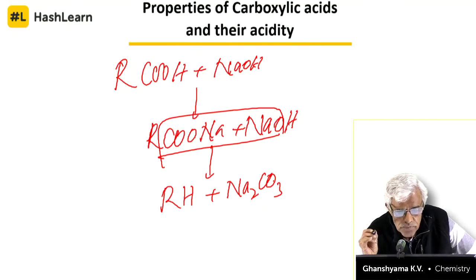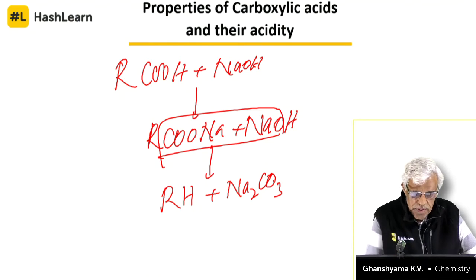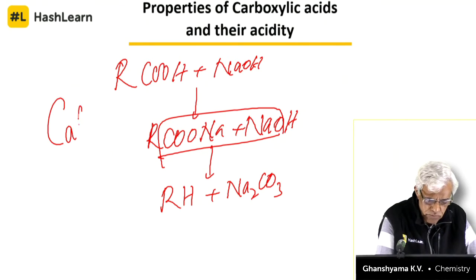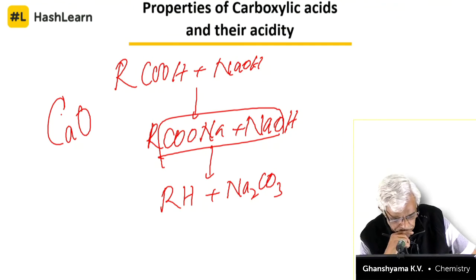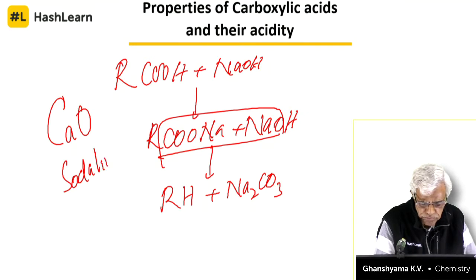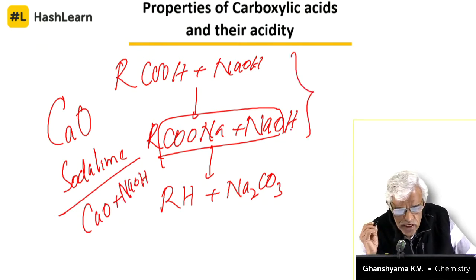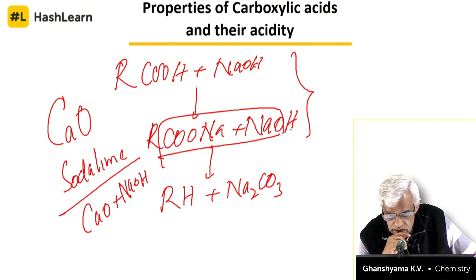Yusra, Sheikh, Rastogi, Soham, Rastogi, Mansi, Radhika: the question is, what is the function of calcium oxide in this reaction? Because we use soda lime. Soda lime is CaO plus NaOH. But in the reaction, I have used only NaOH. What is the function of CaO here? Anybody?